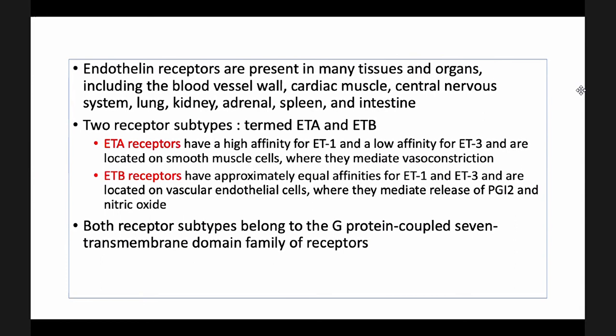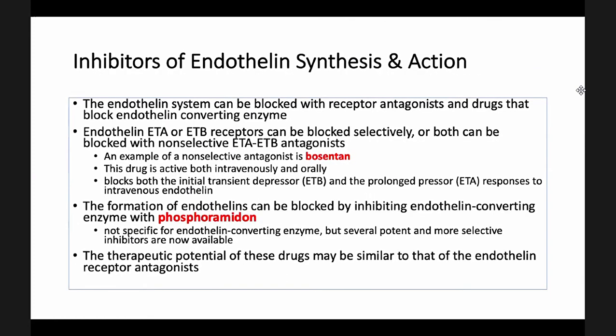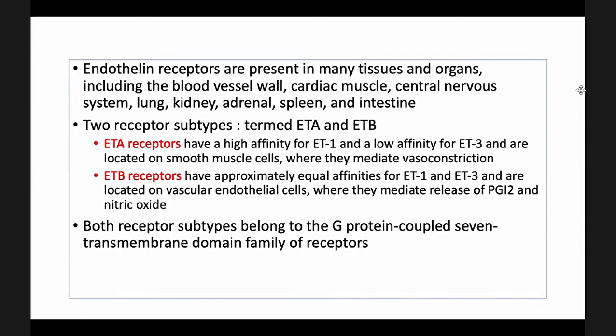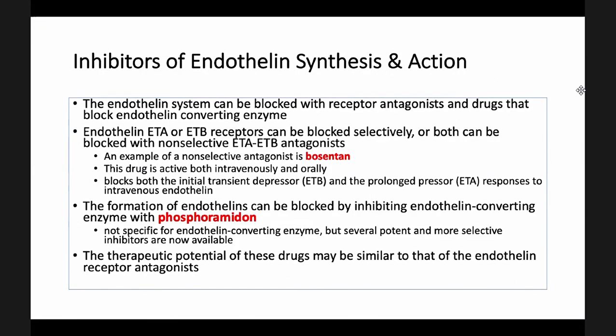ETB receptors have approximately equal affinities for ET1, ET2, and ET3. And they are located in the vascular endothelial cells where they mediate release of prostaglandin I2 and nitric oxide. So both receptor subtypes belong to a G protein coupled 7 transmembrane domain family of receptors.